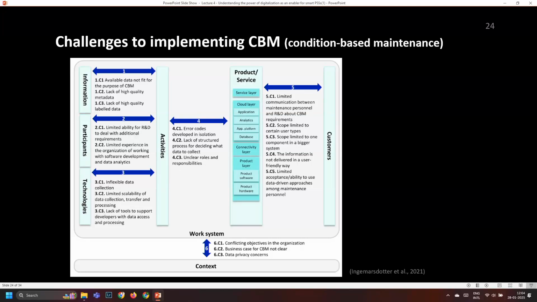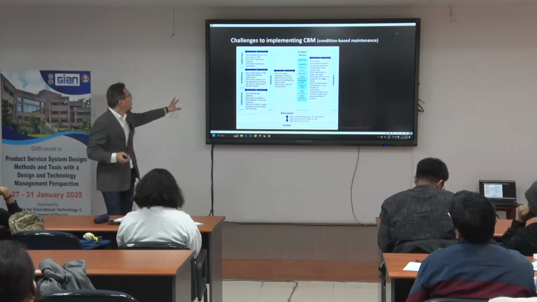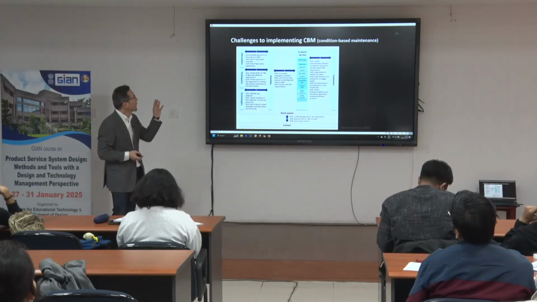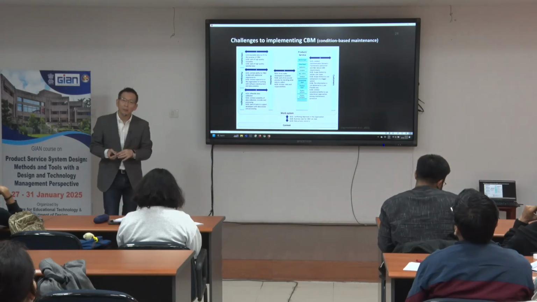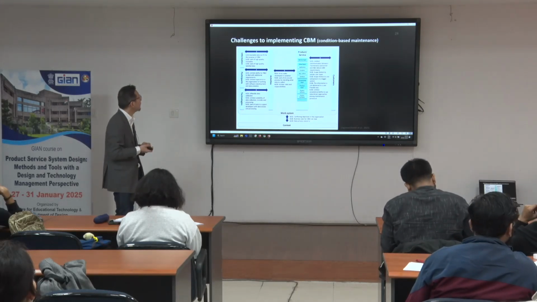And I think this is the last one from our own research and innovation project. When it comes to application, there are always challenges related to the organizational setting, different contexts, and so on. Then we looked into implementing condition-based maintenance as a product service system element.